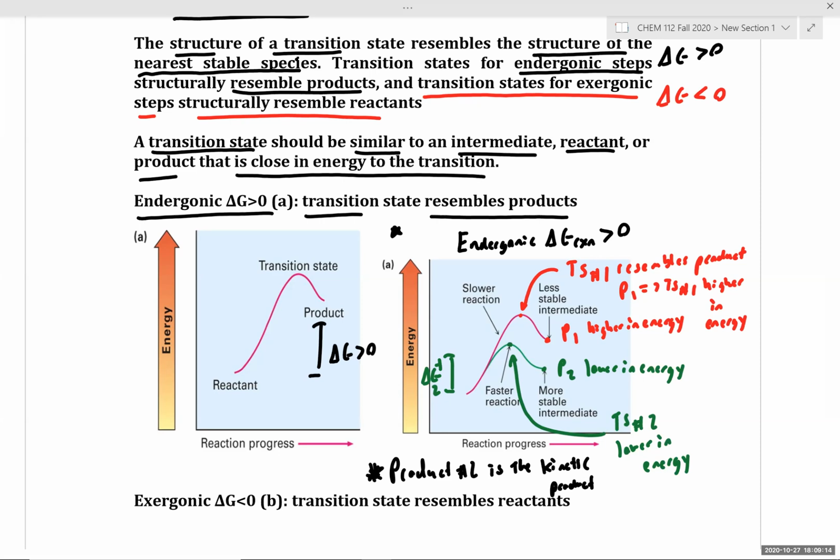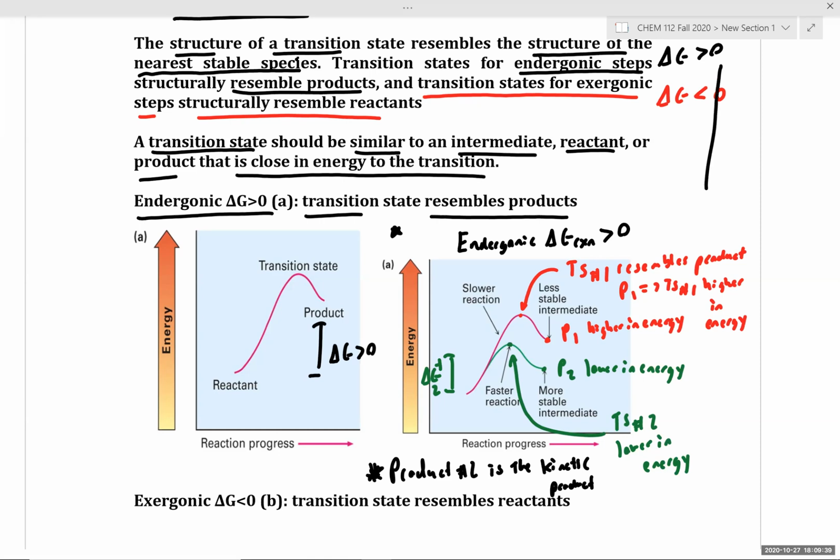We'll be doing more examples like this, but it's important that we tackle the endergonic and exergonic cases one at a time, and we don't mix them up because they have slightly different ways of handling them. Okay, so we've covered the endergonic reaction where our transition state will resemble our products.